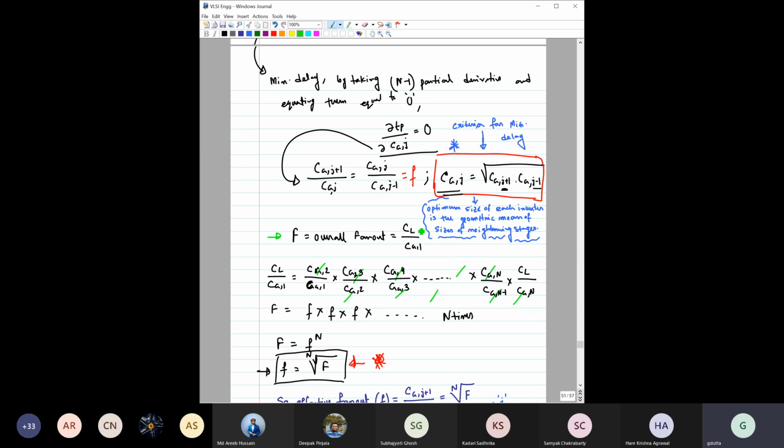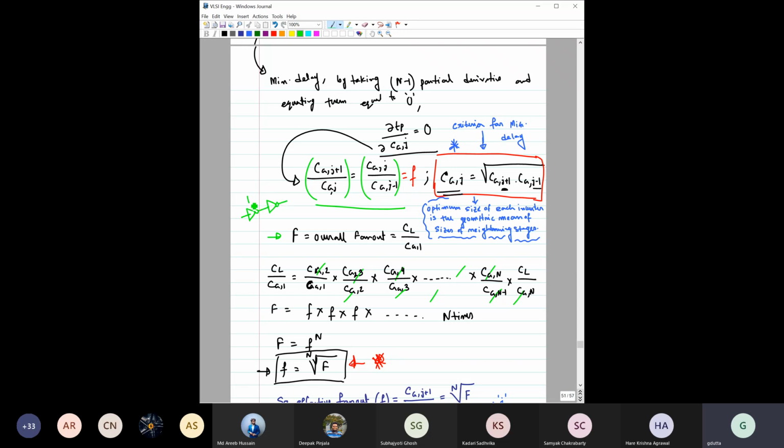And this factor can be written in this way. You can write CL by Cg1 like this, like this, like this. And if you see, each of these terms is equal to F, the sizing factor from one consecutive stage to the next.